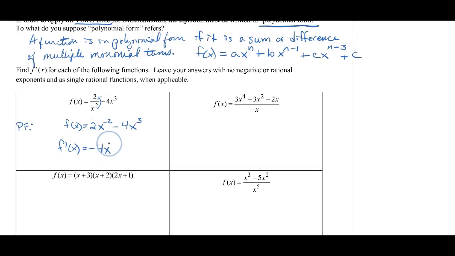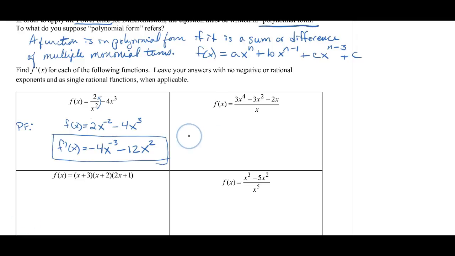Negative 2 reduced by 1 is negative 3. 3 times negative 4 is negative 12. X to the 3 reduced by 1 is 2. And I've now found my derivative, which is the equation that defines the slope of the line tangent to my original function. Remember, whenever we think derivative, tangent line, slope of the tangent line, slope of the tangent line, derivative.